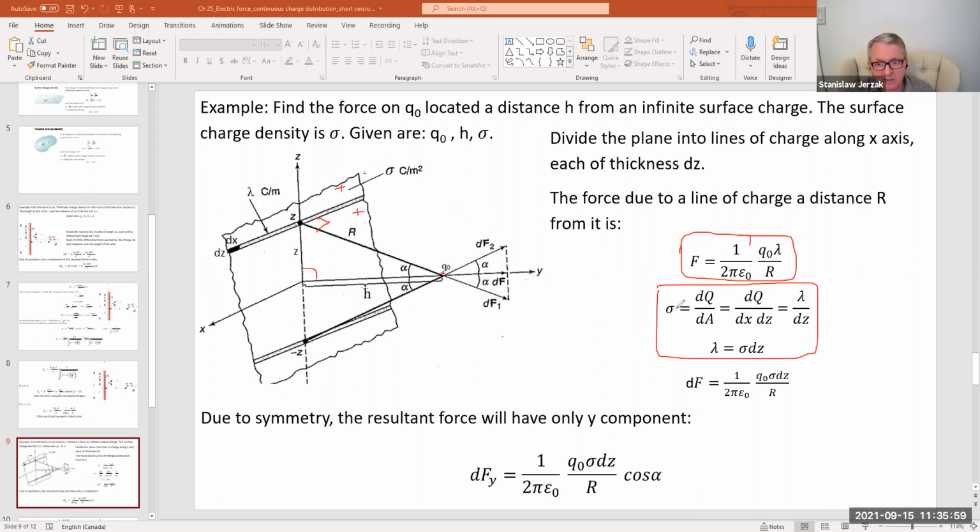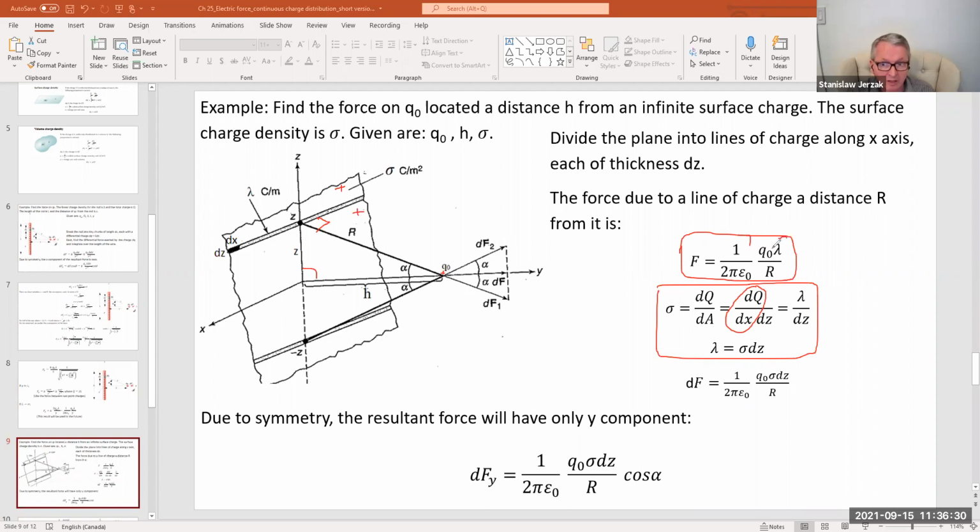Sigma is dq over dA, where dA is a tiny rectangular area with sides dz, dx. So this area dA would be dx dz, and sigma is the amount of charge on that little rectangular area, dq, divided by that area, which is dx dz, and dq over dx is lambda, the linear charge density. So sigma can be written as lambda divided by dz, or lambda can be written as sigma dz.